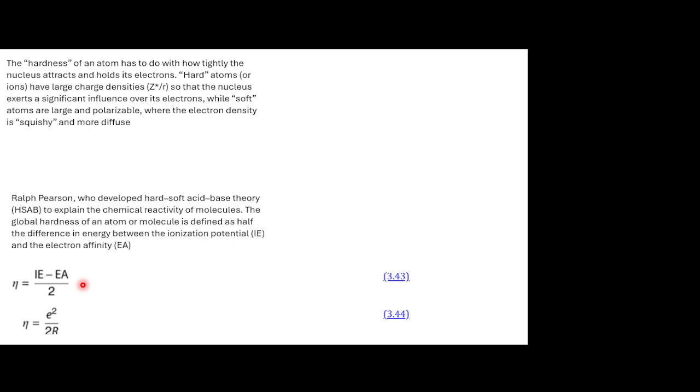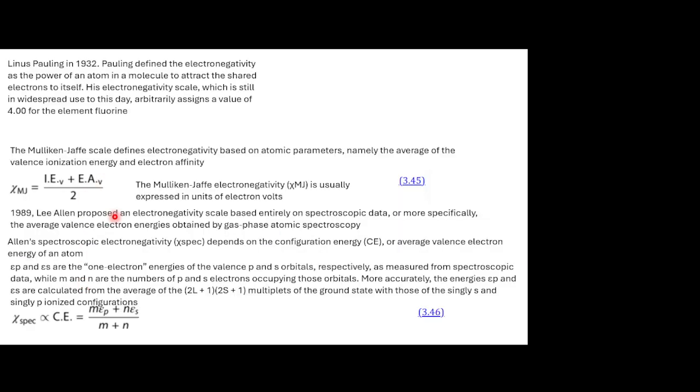And so we're starting to see these concepts blend, and that is largely on purpose. Fluorine is a very hard ion because it has a lot of electronegativity. It can attract the electrons very tightly and hold on to them. So when it gets into a bond, it's also going to pull the electrons towards it and hold on to them really tightly. And so they are very related concepts.